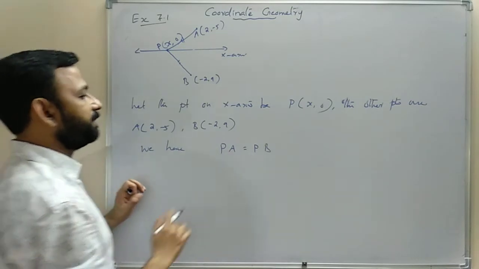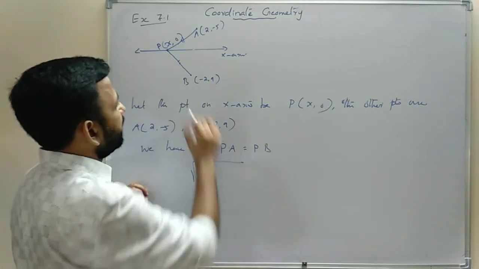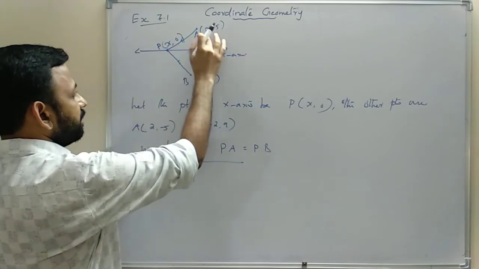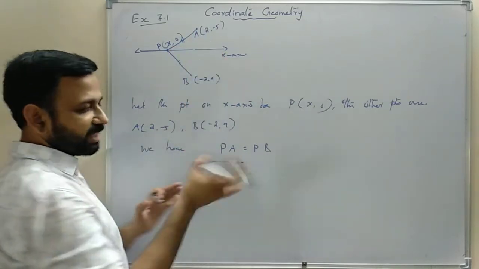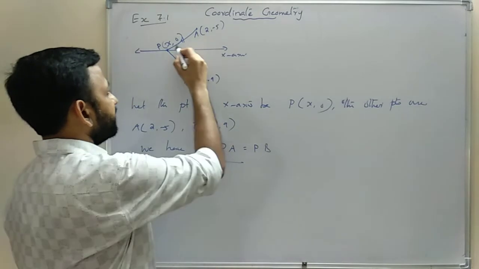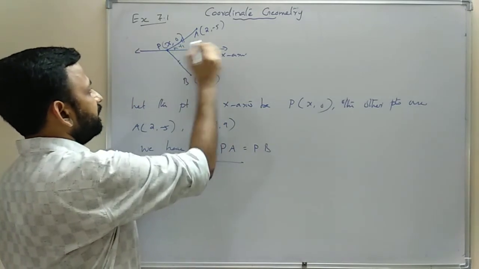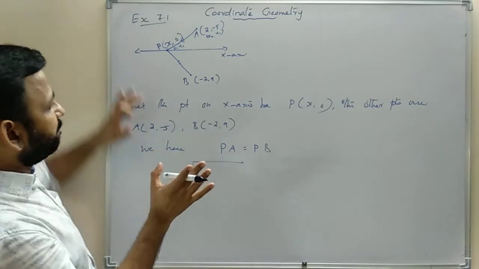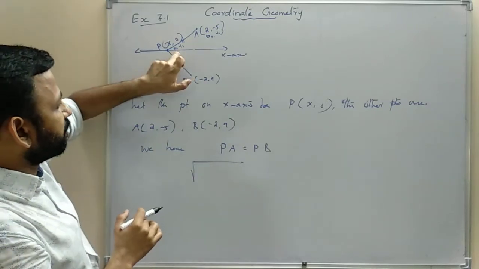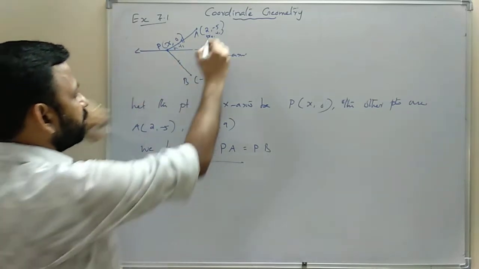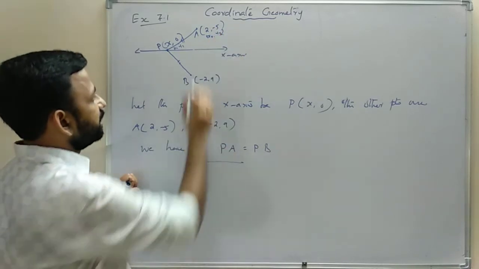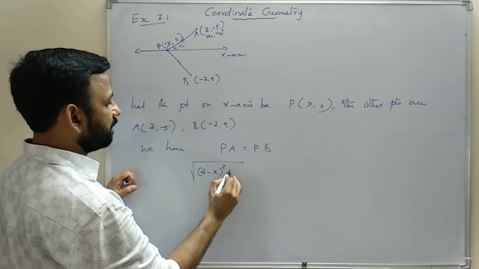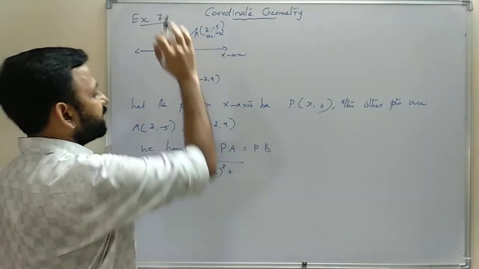So PA equal to PB. That is square root of PA, the distance between P and A. That is the distance formula: square root of x2 minus x1 all square plus y2 minus y1 all square, where we take one point as x1, y1 and the other as x2, y2. So the distance between P and A is 2 minus x all square plus minus 5 minus 0 all square.